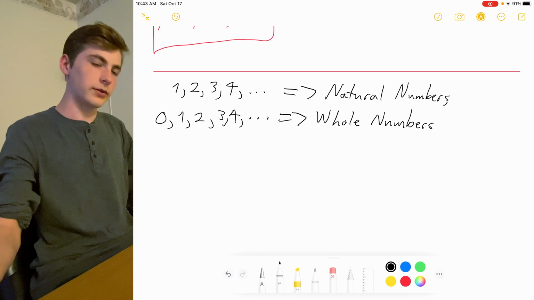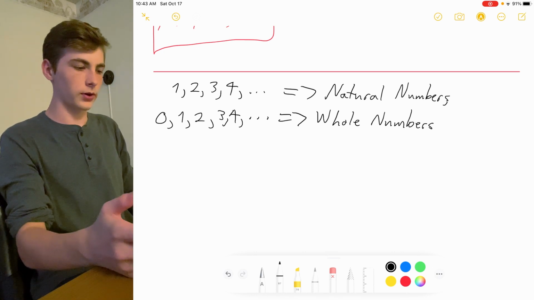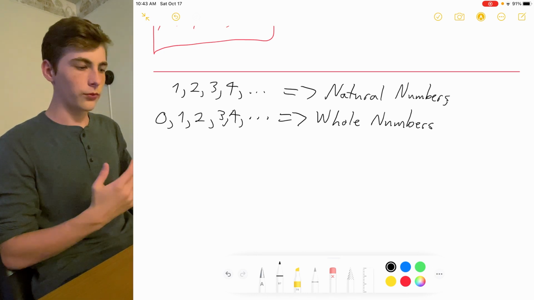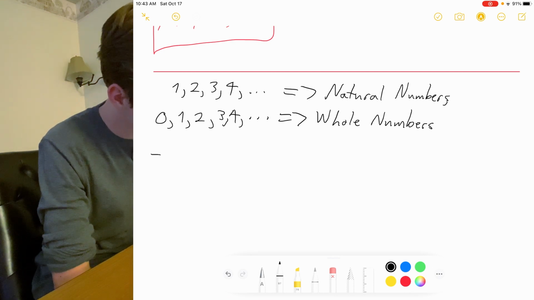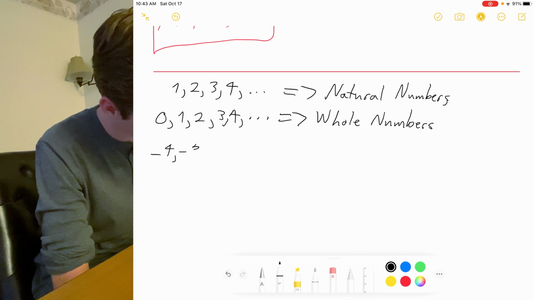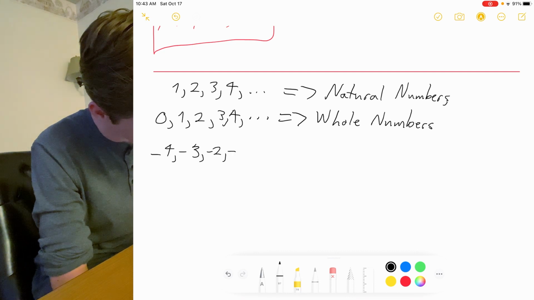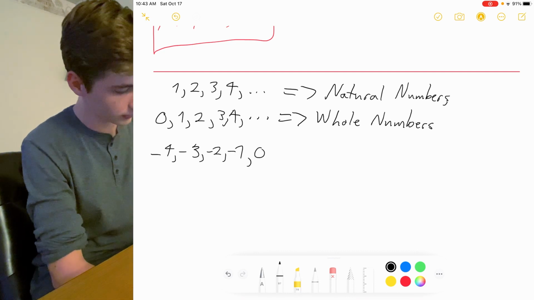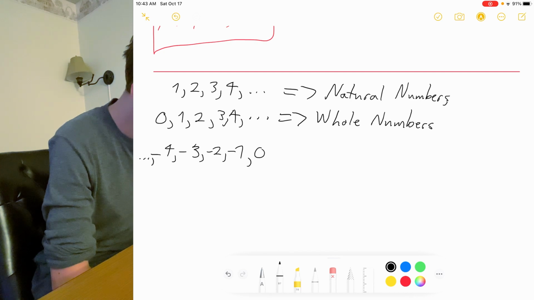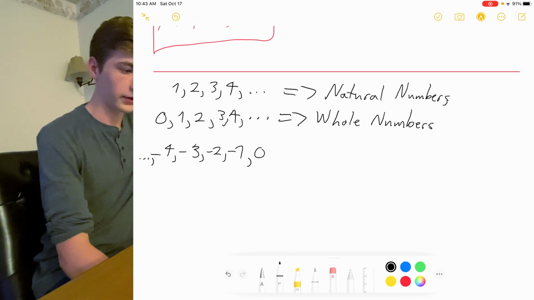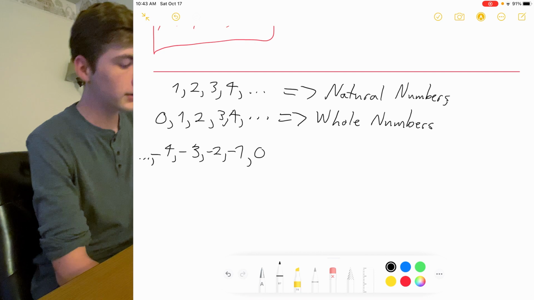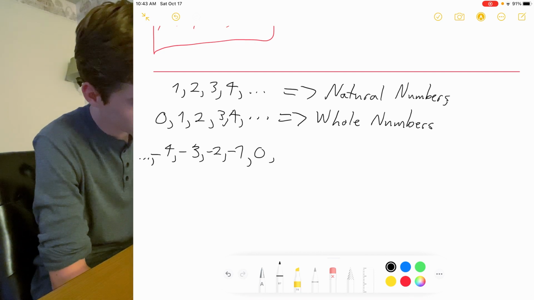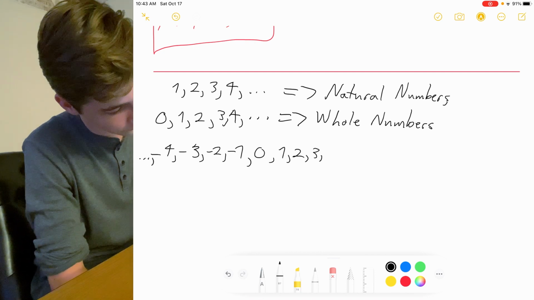Then we have the negative numbers that we just learned about. So where do those fit in? Well, if we add the negative numbers to this set, it's going to get pretty long: negative 4, negative 3, negative 2, negative 1, 0. Actually, I'm supposed to have dots here, because that goes infinitely in that direction too. So: negative 4, negative 3, negative 2, negative 1, 0, 1, 2, 3, 4, and so on.